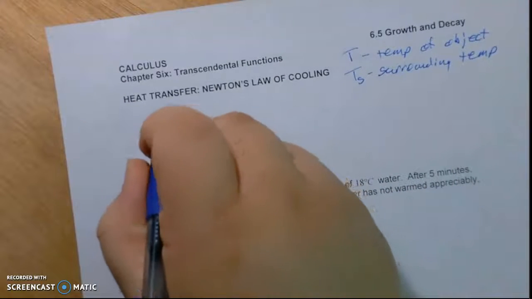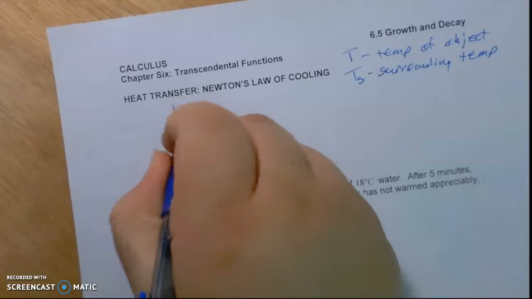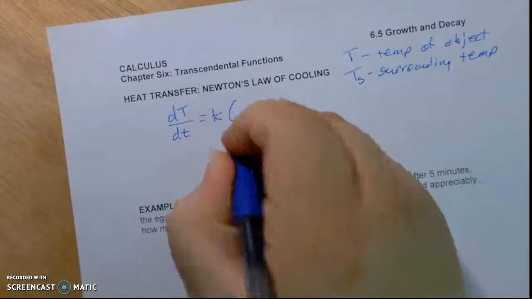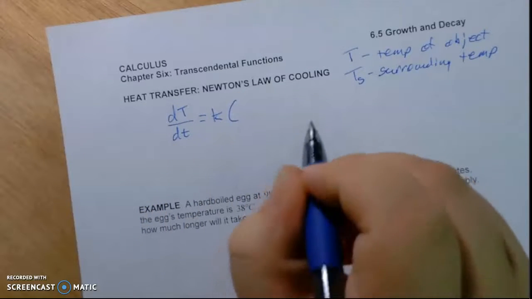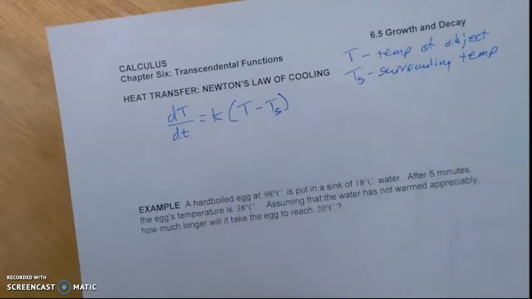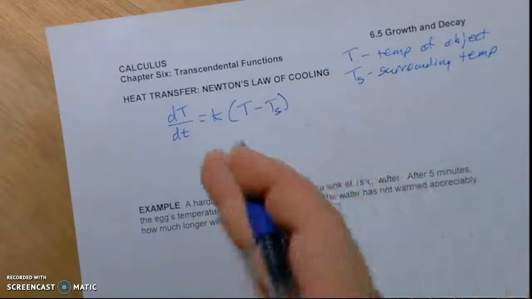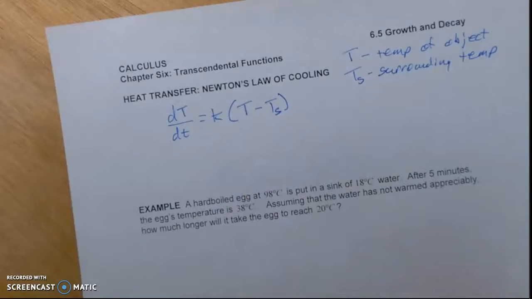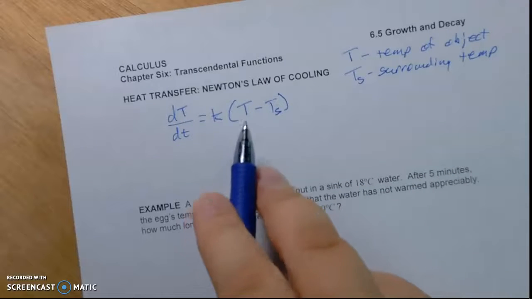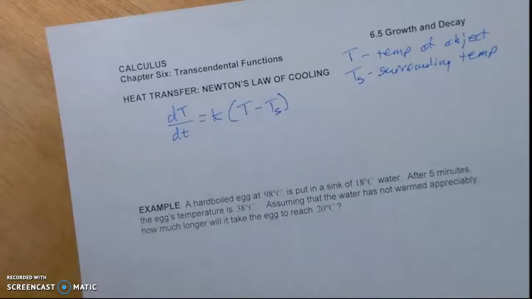So dT/dt, the change of temperature over the change in time, is proportional to not the temperature itself, but the difference of the temperature of the object and the surrounding temperature. So this doesn't look like the law of exponential change, but we can make a substitution.